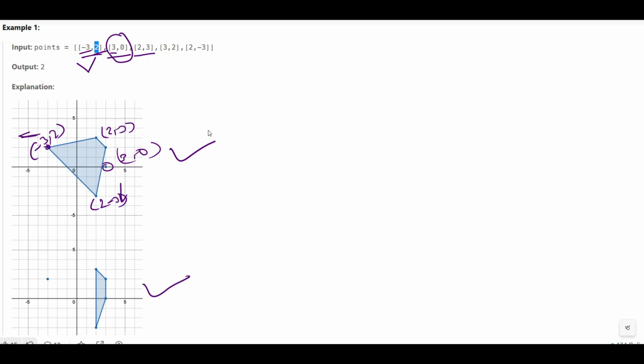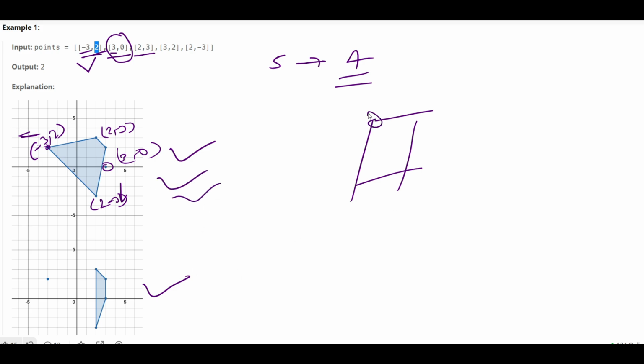Out of those 5 points, we have to choose 4 points to form a trapezoid. A trapezoid is either this one or this one. At least 4 points we need to form the trapezoid, and that is why we discard either this or this. It means we are forming only two trapezoids here, and that is what we have given in this example.